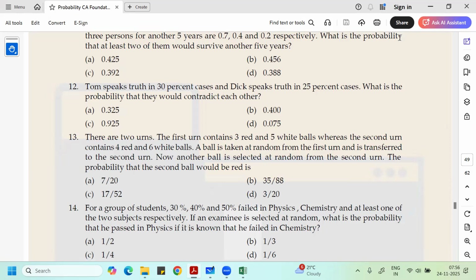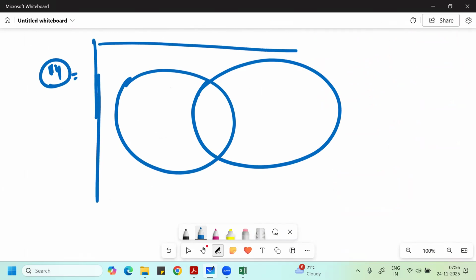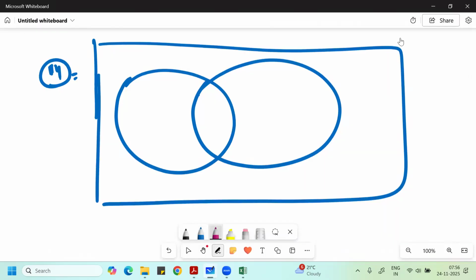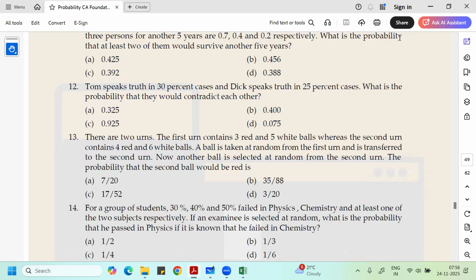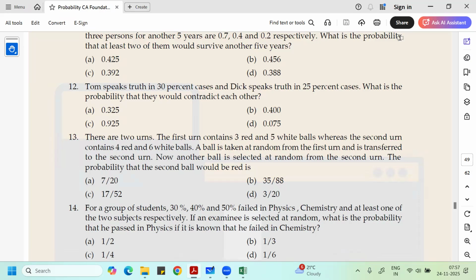Question number 14. In a group of students, 30% failed in physics, and 40% failed in chemistry, and suppose X% fail in both the subjects, physics and chemistry, and 50% failed in at least one of the two subjects.